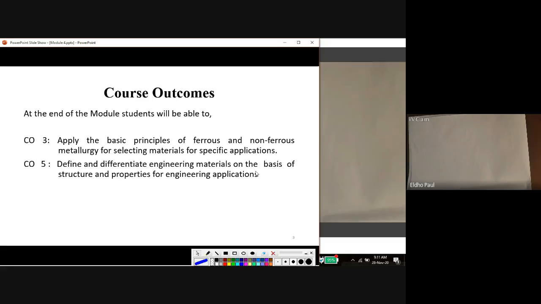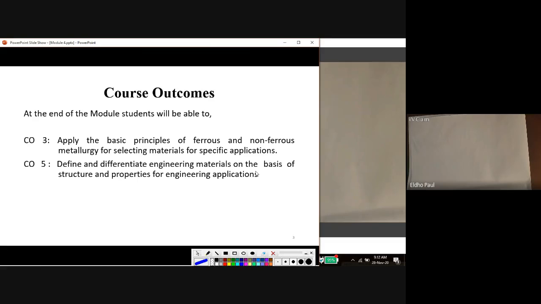And the second outcome is CO number 5, that is, define and differentiate engineering materials on the basis of structure and properties for engineering application. So we can distinguish or differentiate materials based on the structure, microstructure, and the properties of the material. By studying the microstructure as well as the property, and the relationship between them, we can select a material for a specific engineering application.